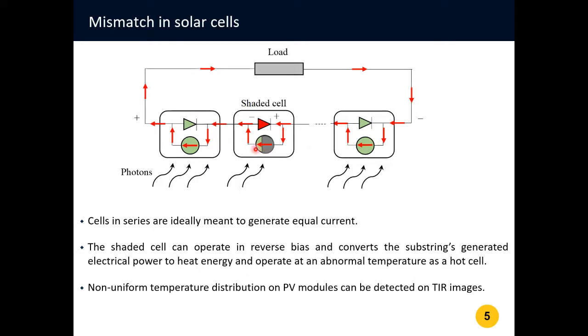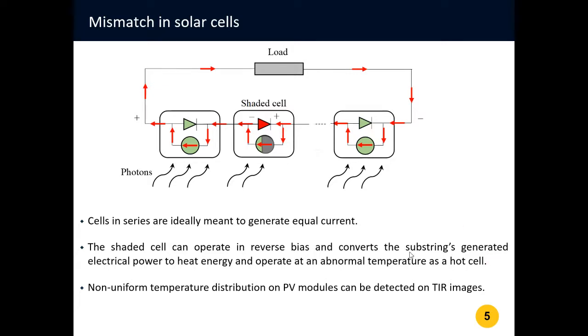This diagram is showing a mismatched cell due to shading. The shaded cell is receiving less irradiance and it produces less current than the other cells in the substring.